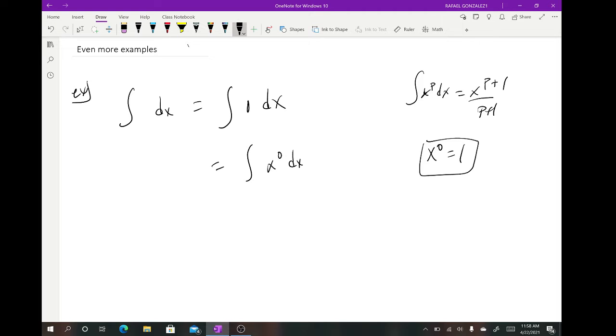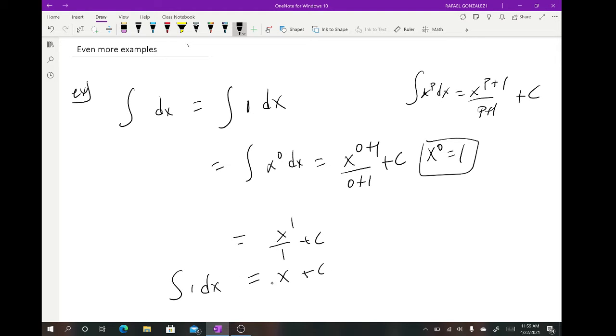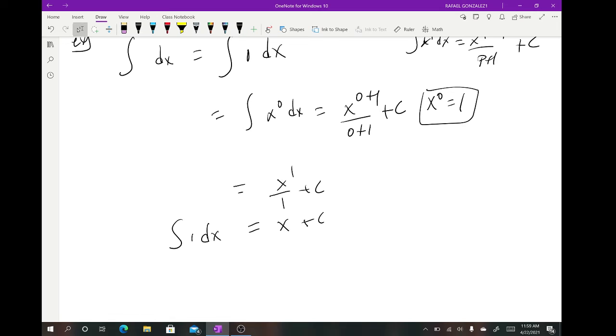And now you could actually see that this does work, because now you could see that this is equal to x to the 0 plus 1 divided by 0 plus 1 plus c, which is equal to just x to the 1 over 1 plus c, which is just x plus c. So we have that the antiderivative of 1 dx is just x plus c. This is true. This is also true.